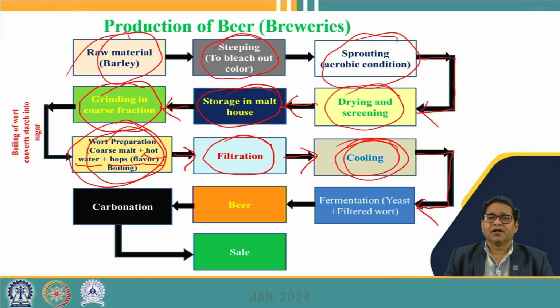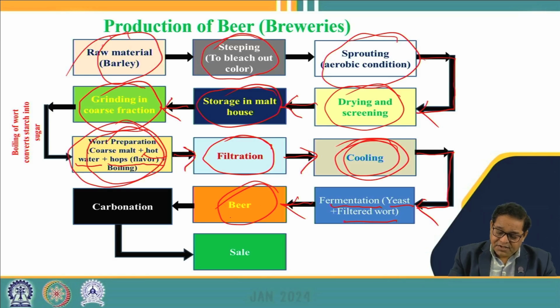There are fermenters which ferment using the yeast culture. This filtered wort has a lot of sugar content. During fermentation, all this sugar gets converted into beer. The biochemical reactions of fermentation we have already explained in the previous lecture. Here the sugar gets converted into alcohol, and this we produce as beer.